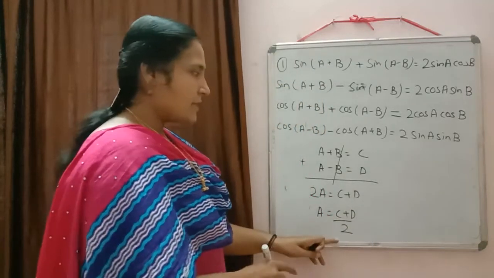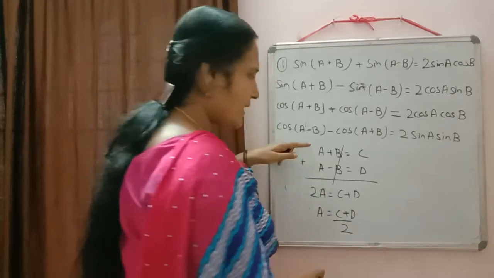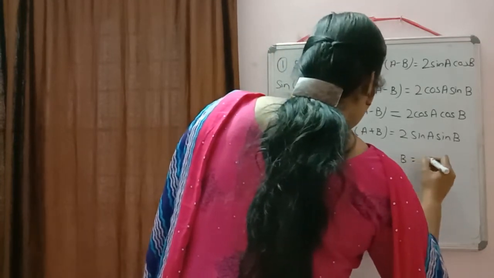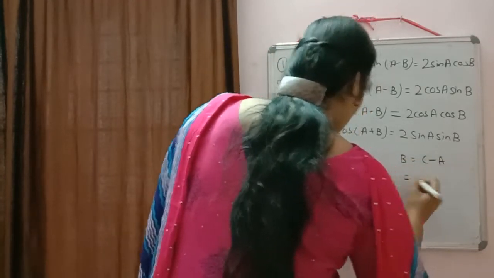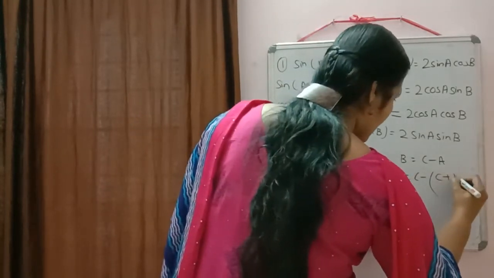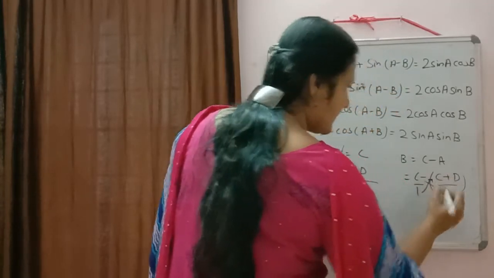We will get 2A is equal to C plus D, and A is equal to (C+D)/2. After that, we substituted the value of A in any of the equations. I substituted in the first equation, so B is equal to C minus A, and then I substituted the value of A, (C+D)/2.